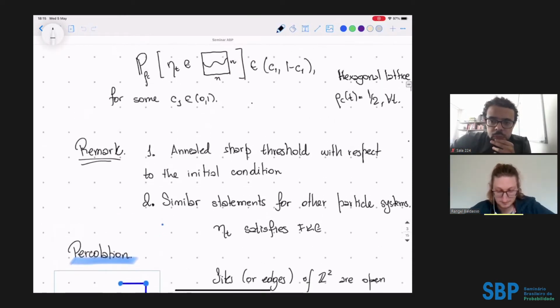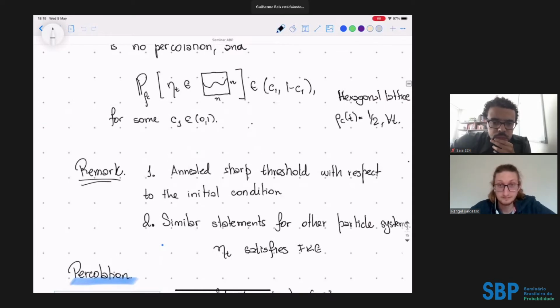Rangel, one question. Do you know any example with continuous state? I mean, instead of plus and minus 1, if the spin state values are on the circle or on the 0-1 interval?